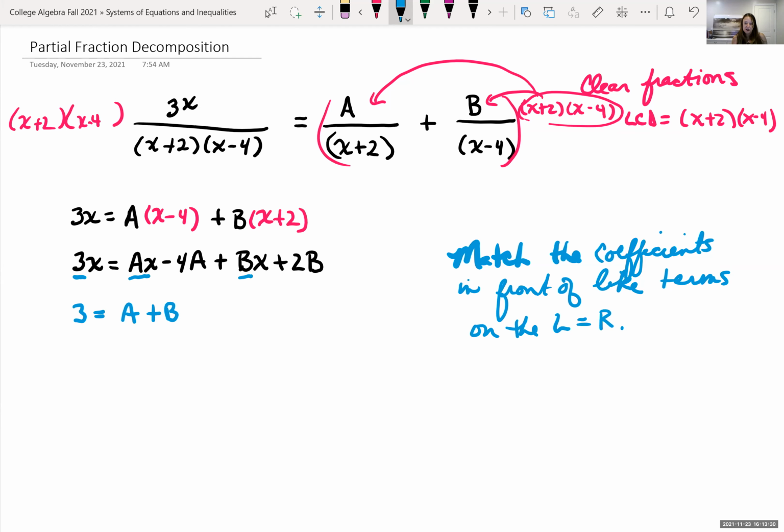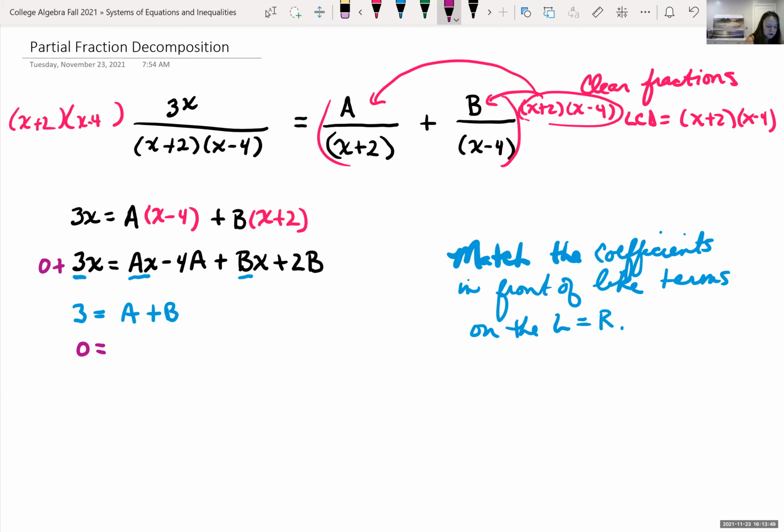Okay, so now let's go to the constant, because I have a couple of terms on the right-hand side that don't have any x's on there. And so if I think about what is the constant on the left-hand side, we can think of this as 0 plus 3x or 3x plus 0. So the constant on this side is 0.